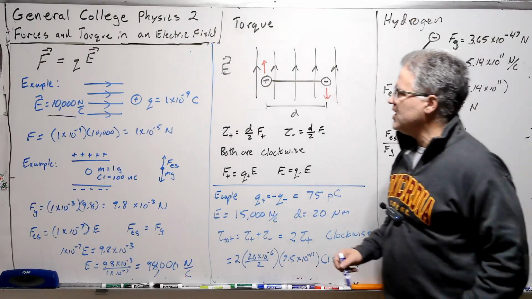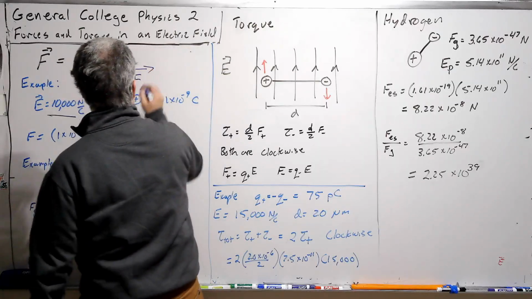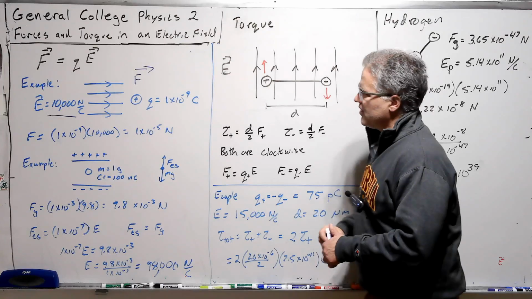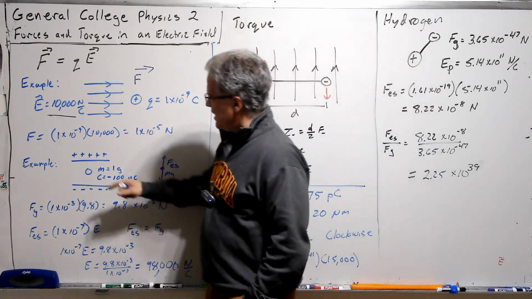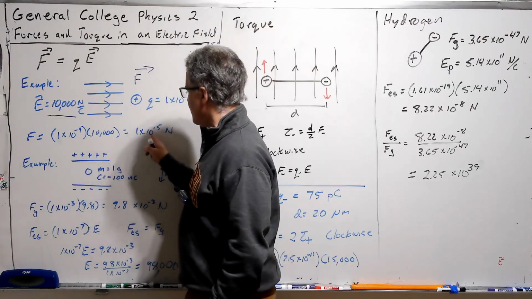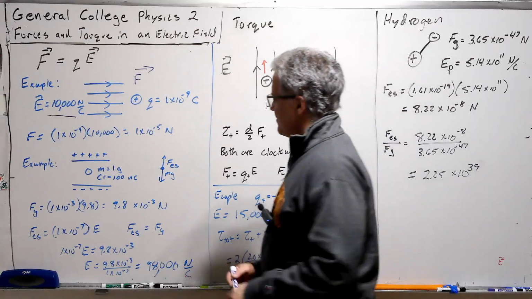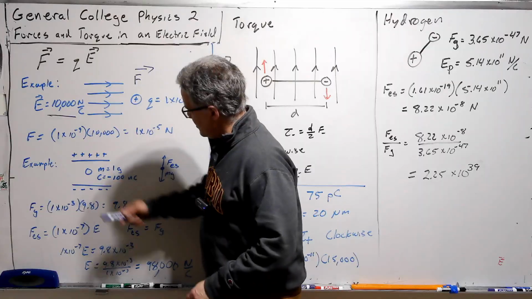So positive charge. So that means it's going to experience a force in this direction. So let's figure out the magnitude of that force. It's going to be 1 times 10 to the minus 9 times 10,000, or 1 times 10 to the minus 5 newtons.